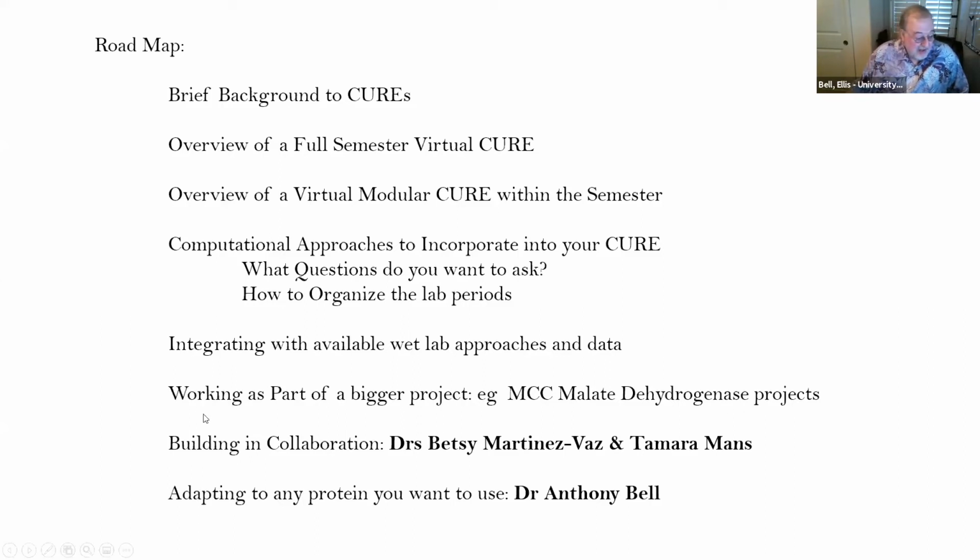The last segment of the talk is going to be first Betsy Martinez-Vass and Tamara Manns talking about how to build collaboration into a cure setting in a lab. And then Tony Bell is going to talk a little bit about adapting the computational approaches to any protein that you want to use.